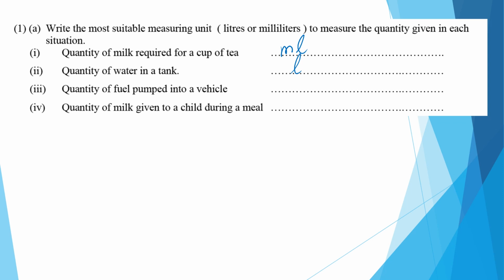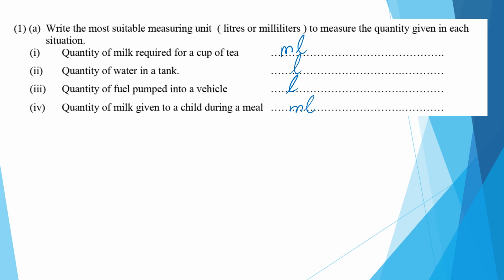The quantity of milk in a cup may be 100, 200, 300 milliliters. The quantity of fuel pumped into a vehicle is also measured in liters, I think you may have seen that. The quantity of milk given to a child during a meal is also measured in milliliters, right?